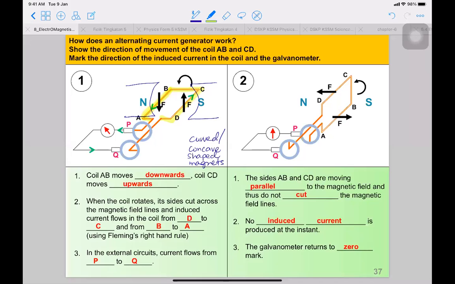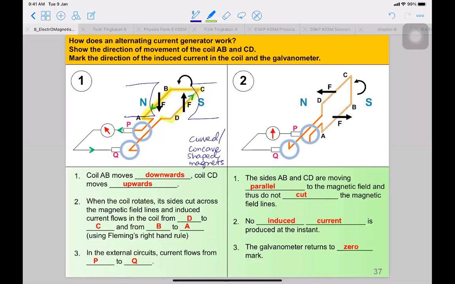Try testing whether the direction is correct or not by using your Fleming's right hand rule. Is it correct? Yes. Correct direction.